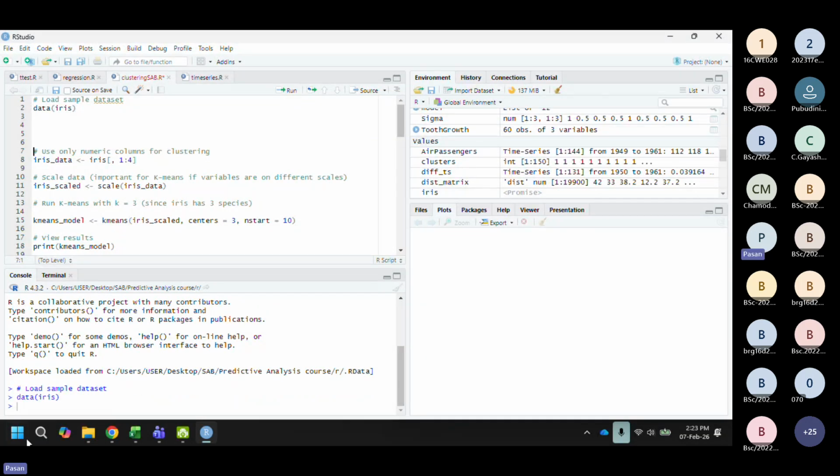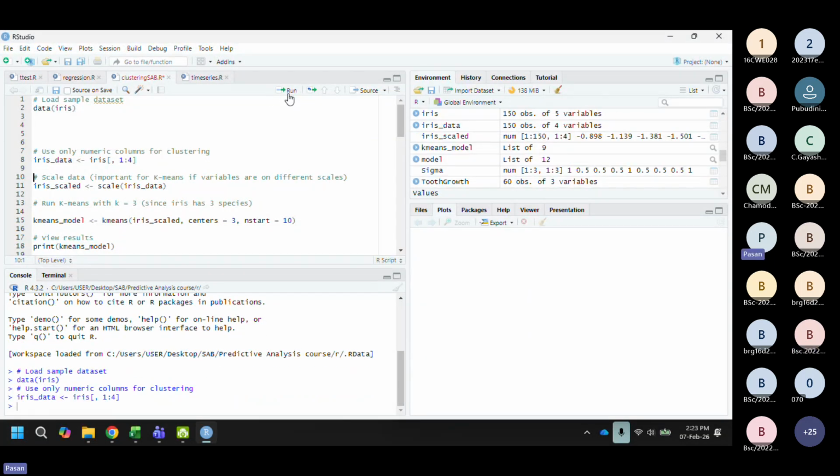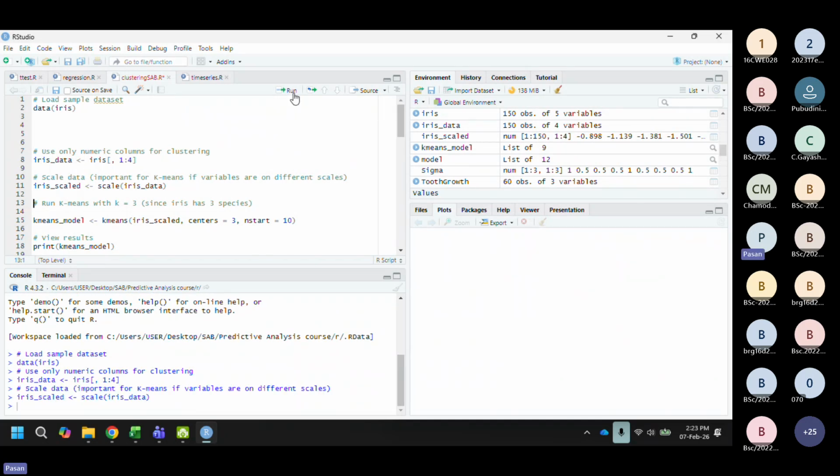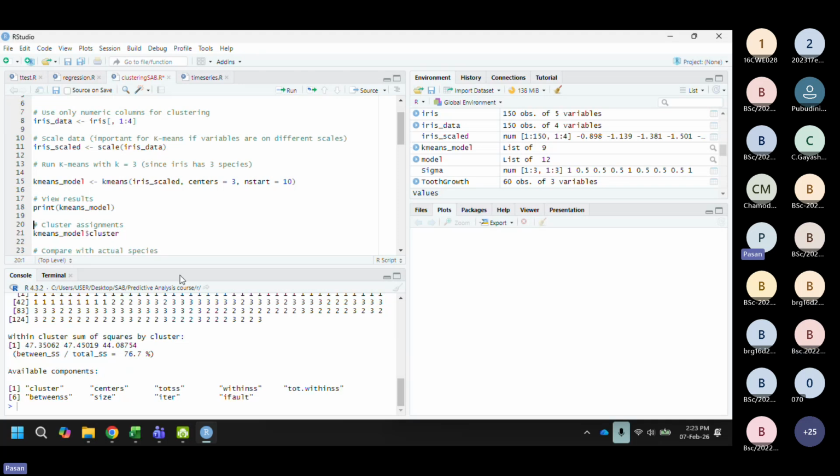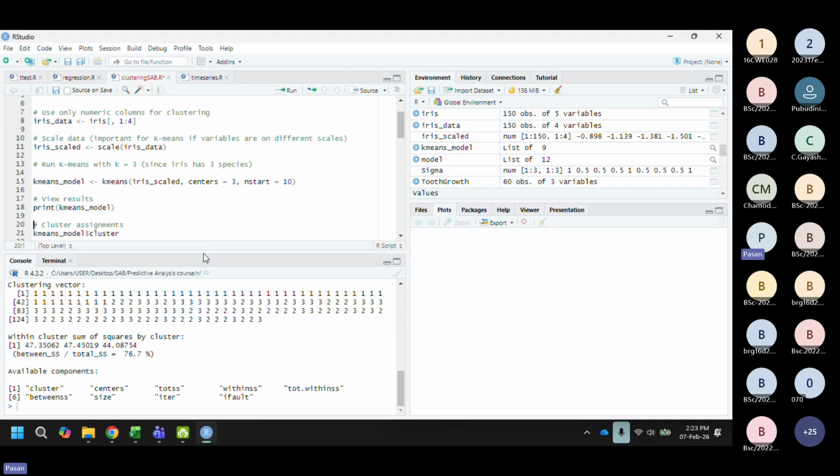I'm loading the iris data set, taking the first four columns and scaling, and then I run the k-means model. It automatically decided what the centers are, so I can use this print command to look at the result.